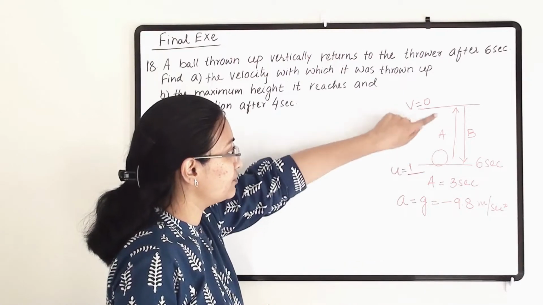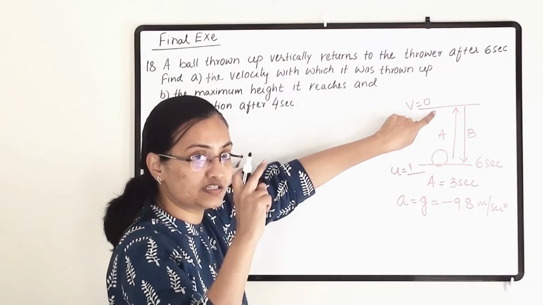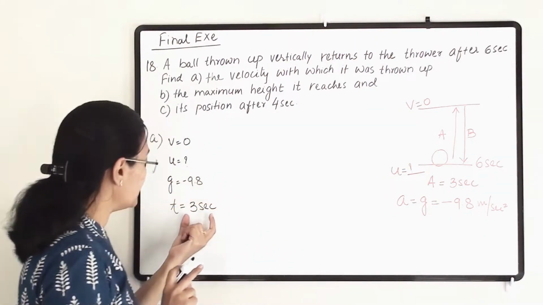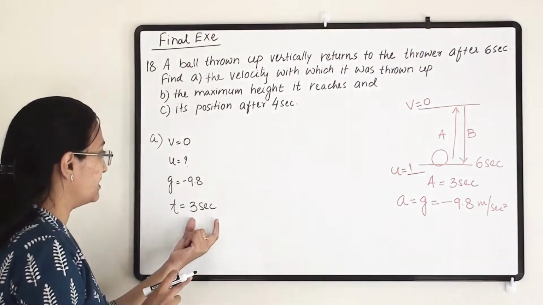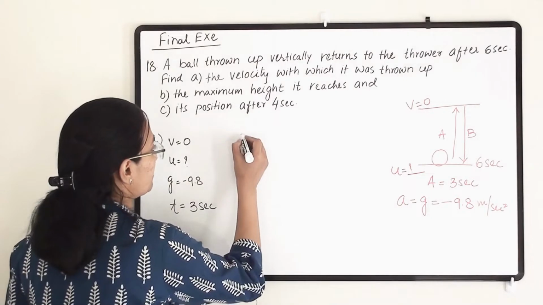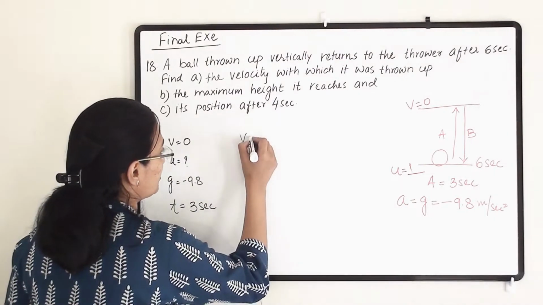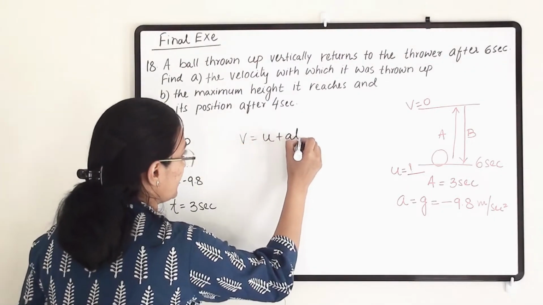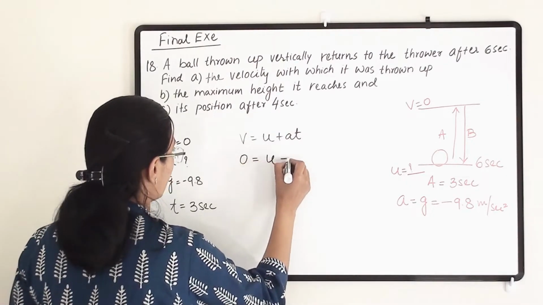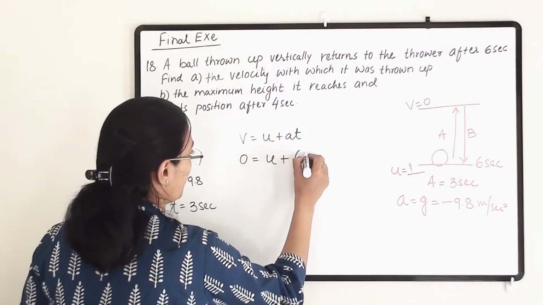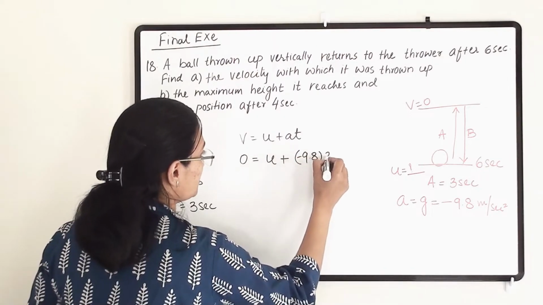We have to calculate till here when it is reaching the top. So for that, timings are 6 divided by 2, so that is 3 seconds. So here we are going to use the equation v equals u plus at. Now v is 0, u we need to find out, and at is minus 9.8 into 3.